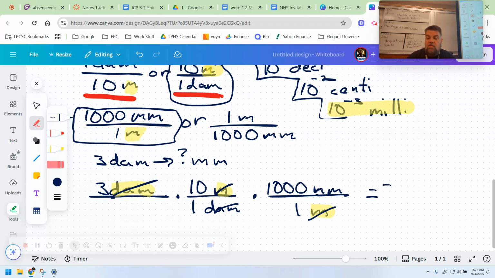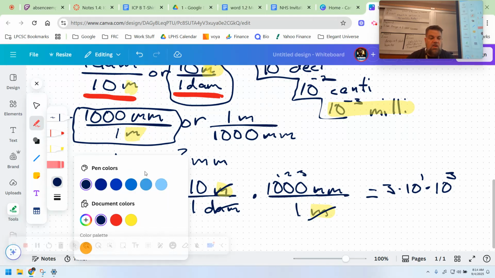So I have 3 times 10 to the first power, and I'm going to write this in scientific notation. Now, what's 1,000 equal to if I write it as 10 to a power? Well, there's 3 zeros here, right? 1, 2, 3. So this is the same as saying 10 to the third power.